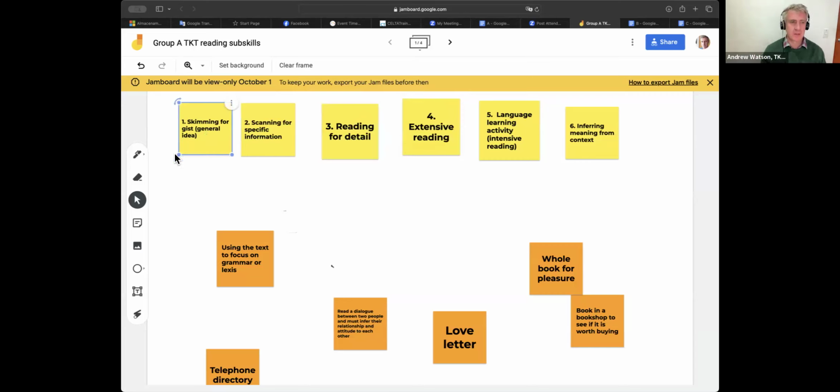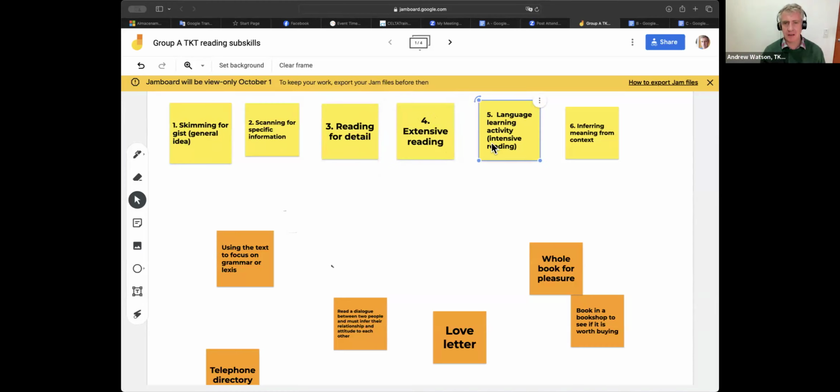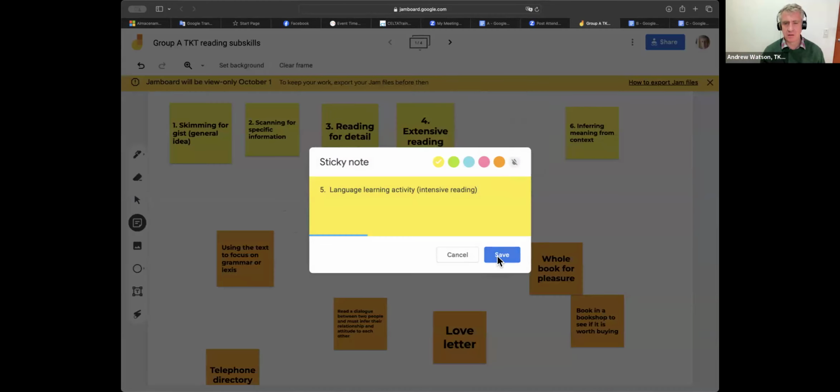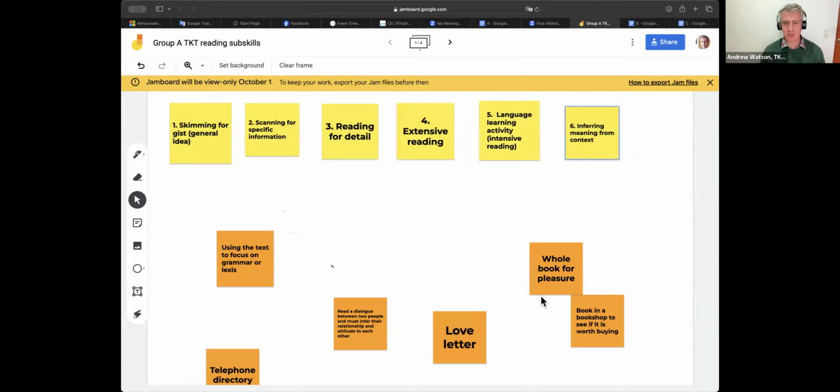So skimming, or for gist, notice the pronunciation is gist, or general idea. Scanning for specific information, reading for detail, extensive reading, language learning activity, and inferring meaning from context.